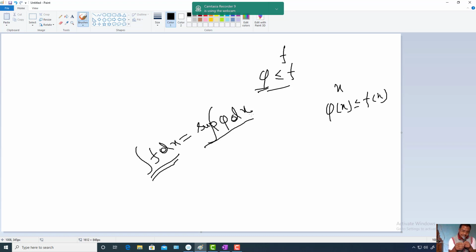Once you know how to define the integration on a simple measurable function, we define the integration of a non-negative measurable function using this formula.